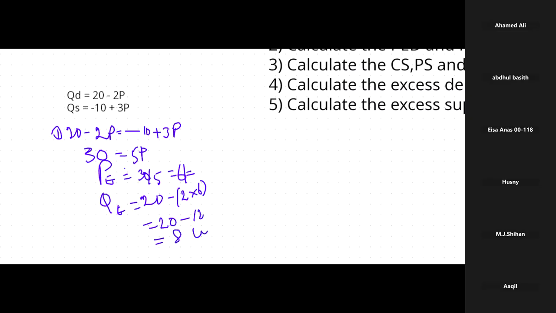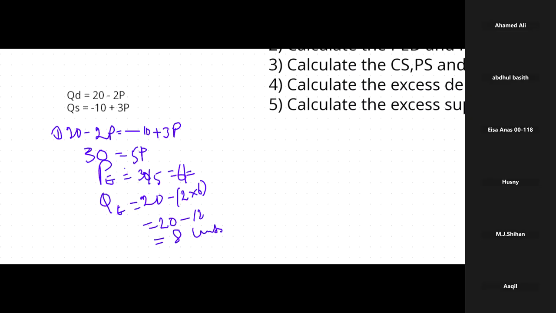Equilibrium quantity is 8. If you substitute the price in the supply function also, you get the same: 3 into 6 is 18, 18 minus 10 is 8. So price is 6 rupees, quantity 8.